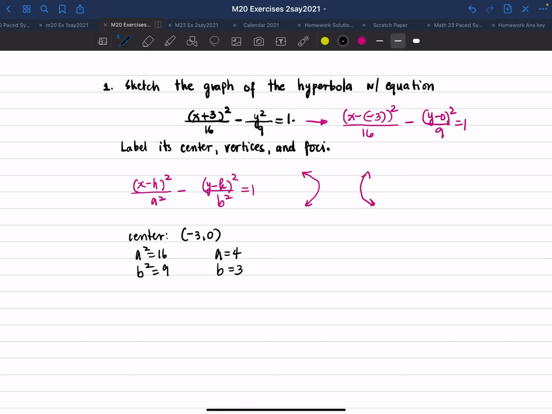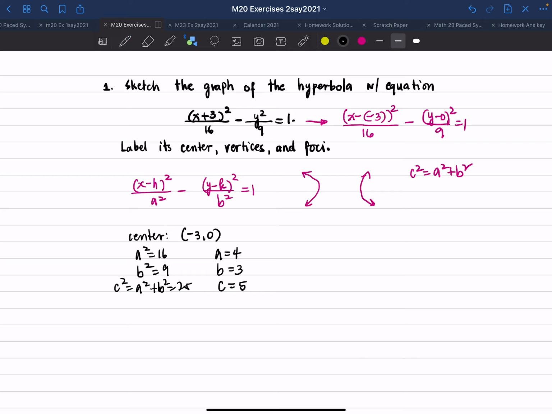And the relationship between A, B, C, if you have a hyperbola is C square equal to A square plus B square. So let us compute for C square. C square is equal to A square plus B square, which is 25. C square is 25, so C is 5.